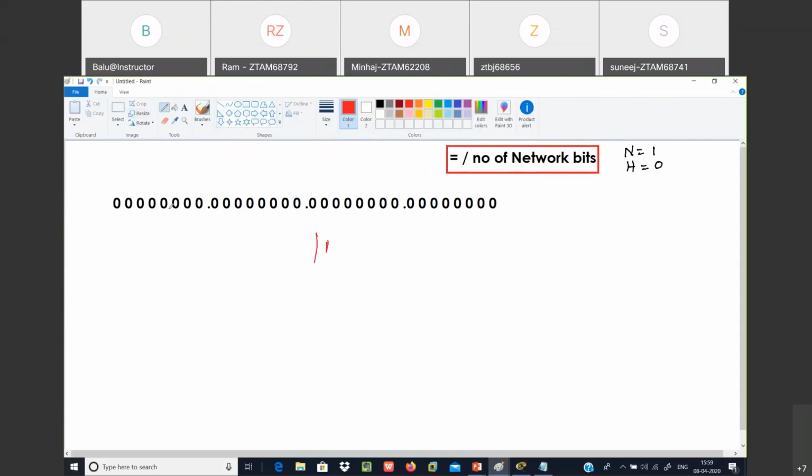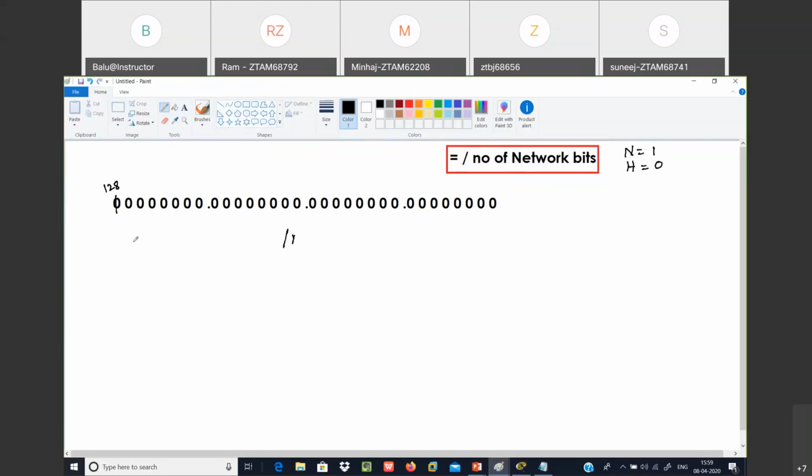Now my requirement is /1. What does /1 indicate? One network bit, right? So /1 means one network bit: the first bit is converted to 1. The first bit value is what, guys? 128.